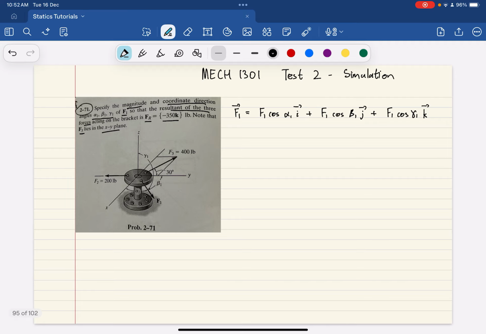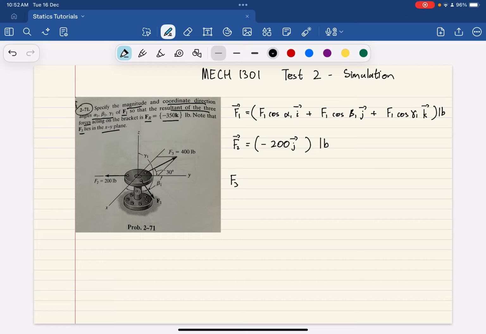That's F1. Then for F2, it's negative 200 because it's going in a negative direction, so it's negative 200 j. And of course we know the unit is pounds. I forgot to highlight that, so don't forget to put your units.